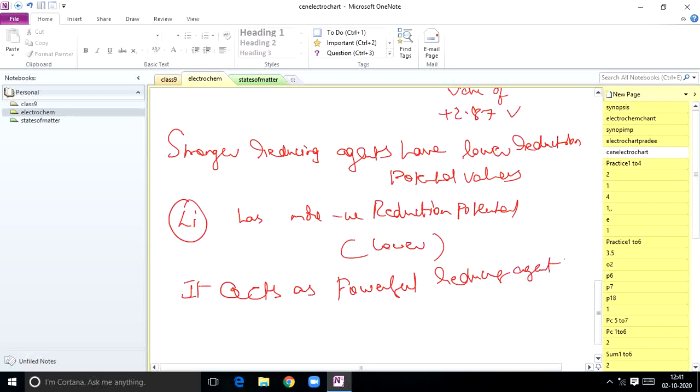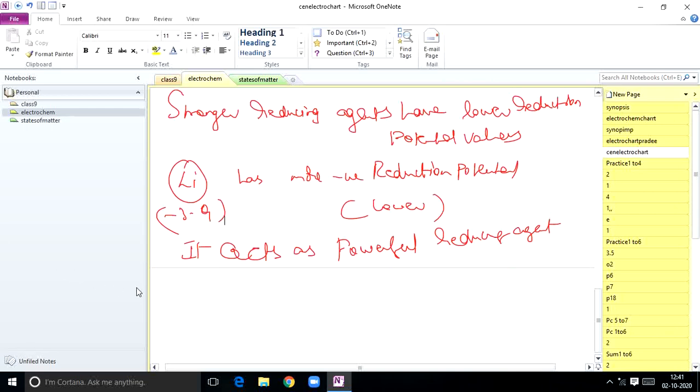If any electrode has very low or more negative reduction potential value, that acts as a powerful reducing agent. So among them, lithium, how much has it got? Minus 3 point something, 3.04, like that. The very least reduction potential value is for lithium. Okay, this is the first advantage.